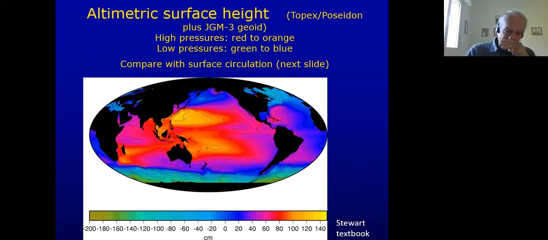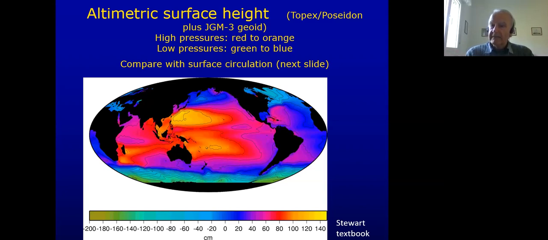Let's see, you all know what pressure means. The pressure means the weight of the water column above the point where you are. Therefore, unless we are talking about differences in density, the higher the sea level, the higher the pressure, and vice versa.